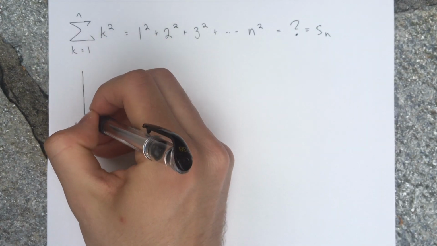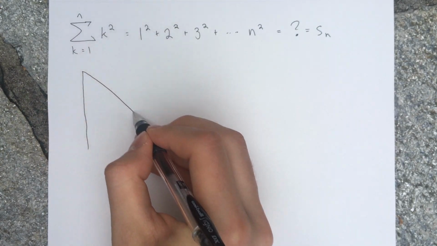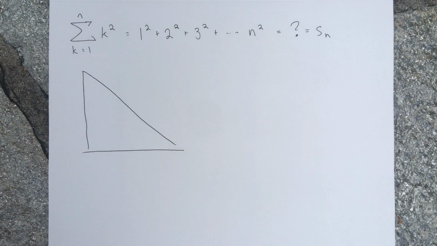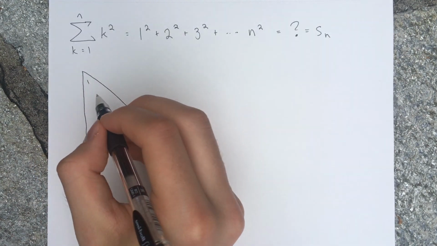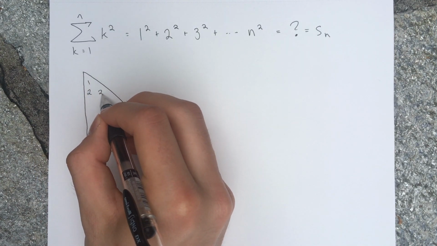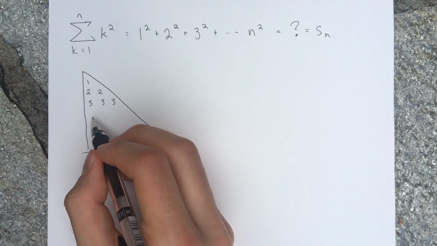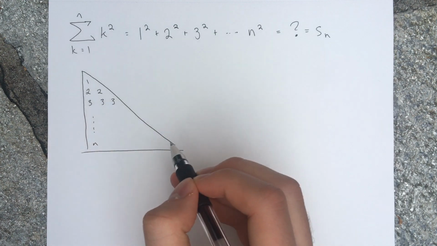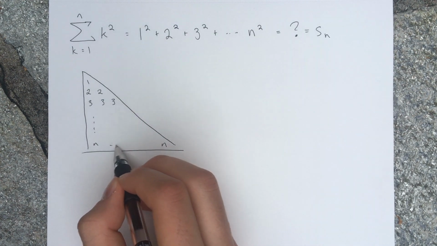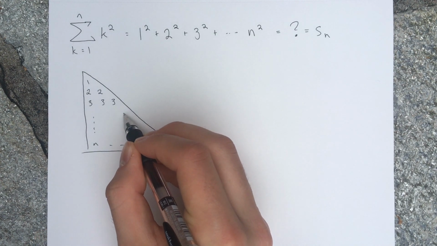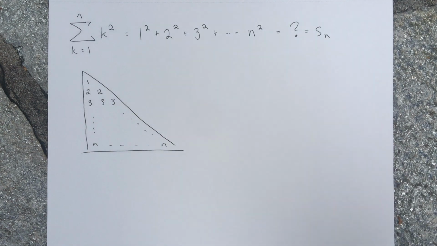I'm going to make a little triangle like this. And the top will have 1, then we'll have 2 2s, 3 3s, and so on up till n. And of course that'll be n n's. What is the sum of all the values in this triangle?